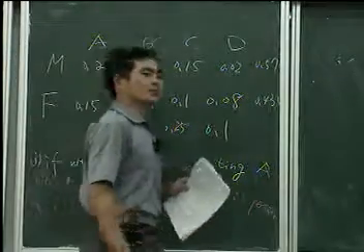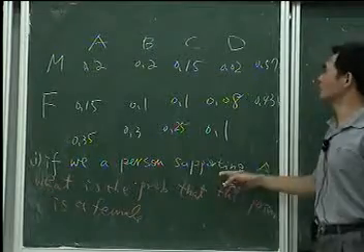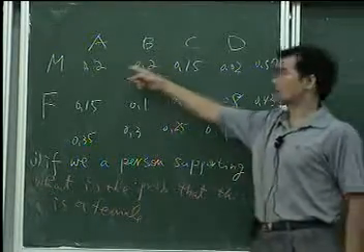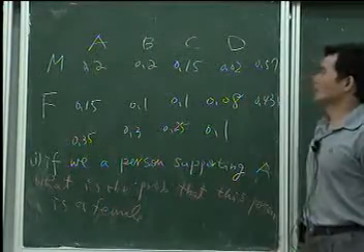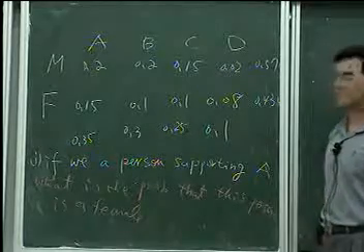So we already choose a person, and we know this person supports A. Okay, this person supports A. What's the probability that this person will be a female?